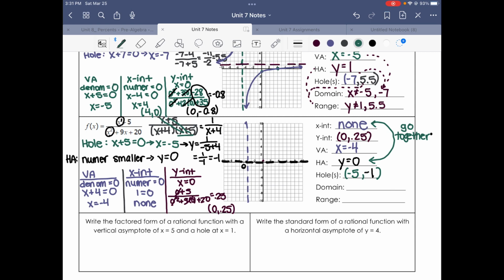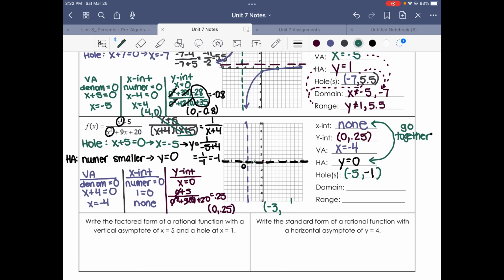Then I don't have any other point, or I guess I do have another point other than just the hole, but it's kind of hard for me to tell what's going on the right side of this graph. So I'm just going to add that at any point you can pick a number next to the horizontal asymptote, like -3, for example, and plug it into the formula.